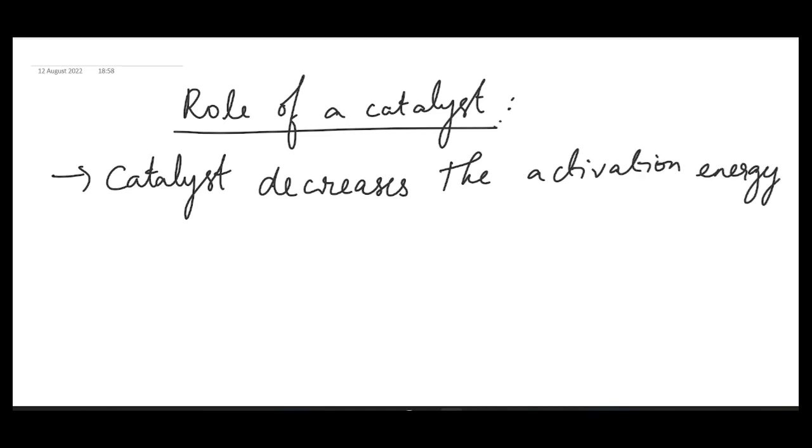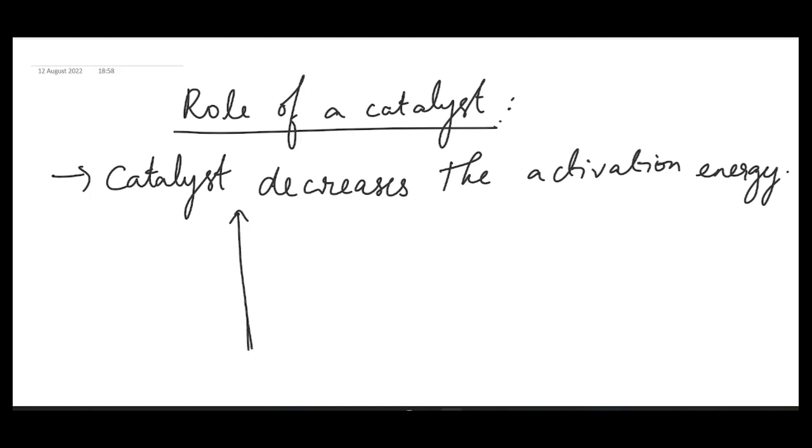The activation energy was the energy which must be provided to the reactants in addition so that it reaches the threshold value and then the products of the reaction are formed. So this catalyst, by decreasing the activation energy, thereby eases the reaction to proceed to completion. Let us understand it with the help of a graph.